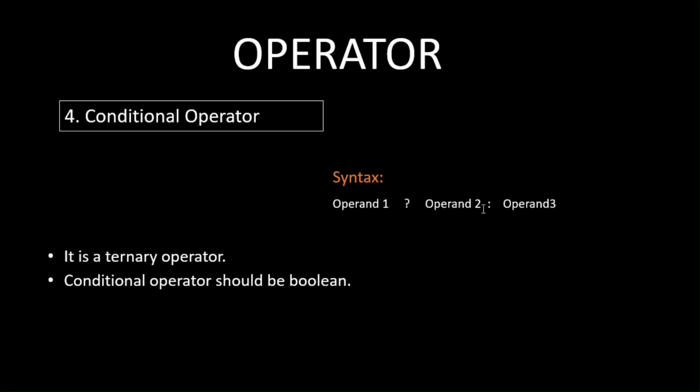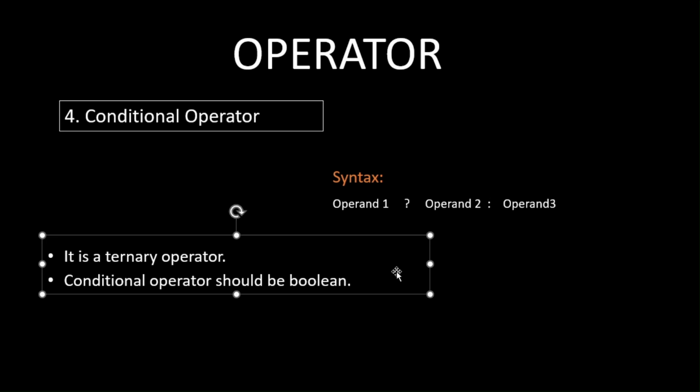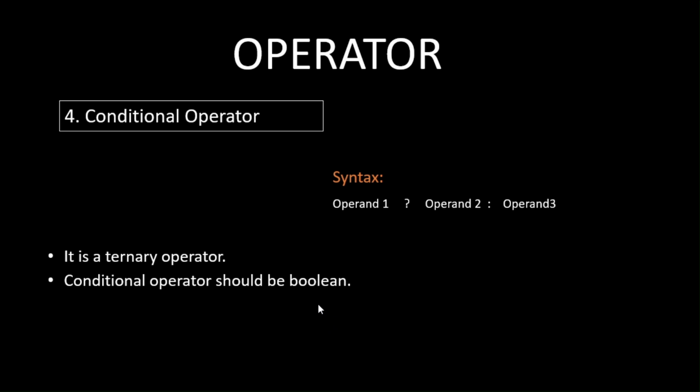Here we have the syntax: operand 1 question mark operand 2 colon operand 3. It is a ternary operator, and the conditional operator's first operand should be boolean. A conditional operator is a shortcut of the if-else condition.